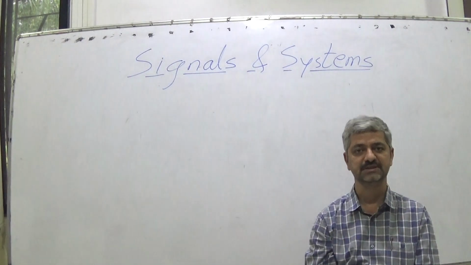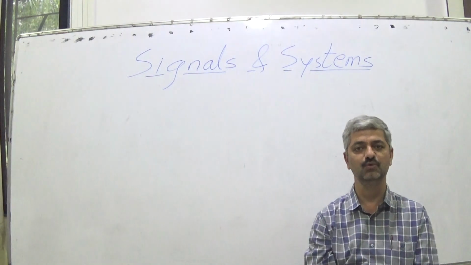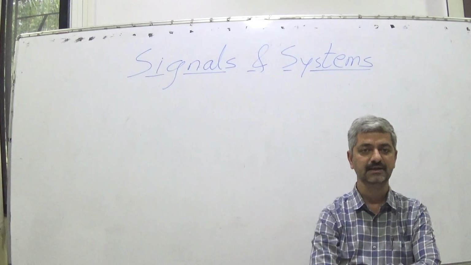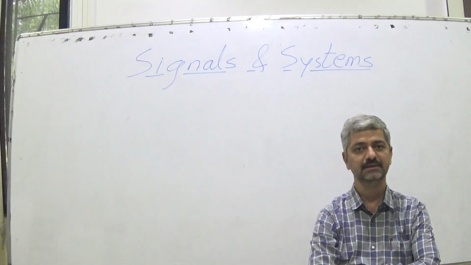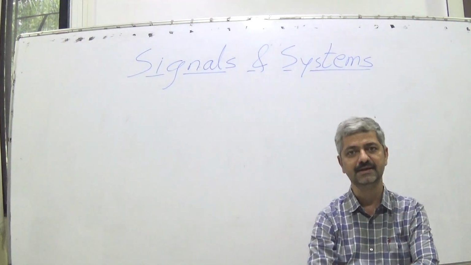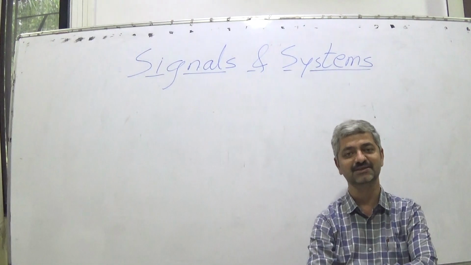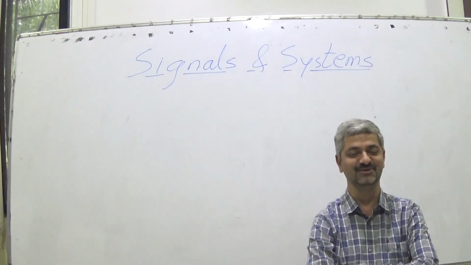This course, Signals and Systems, is a very fundamental course in any branch of engineering. It is a very general purpose course wherein the contents are not branch specific but quite general in nature. Generally, this is not very simple or easy or non-significant.